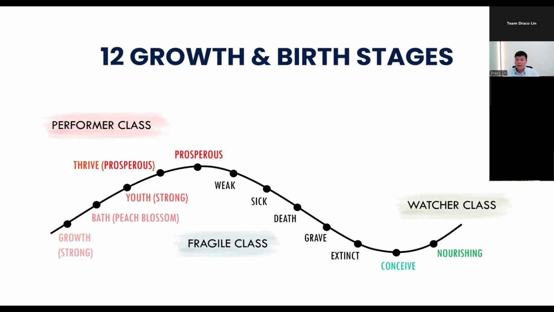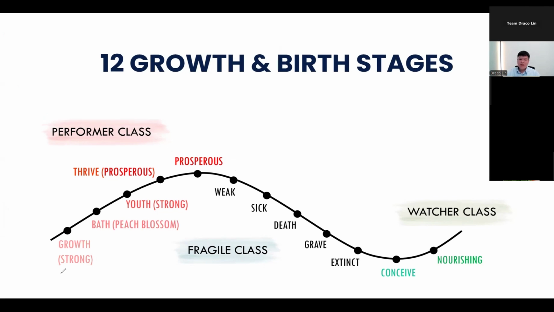Then we have 3 different classes: the performance class, which is the best class, the most powerful energy; the fragile class, which means the lousy energy; and the watcher class, which means it's neither here nor there. So if your stem is in the growth stage, it's a strong energy. If it's in the bath stage, it represents a peach blossom energy. A peach blossom is generally good, all right? It means likability. Then if it's in the youth stage, it's also a strong energy.